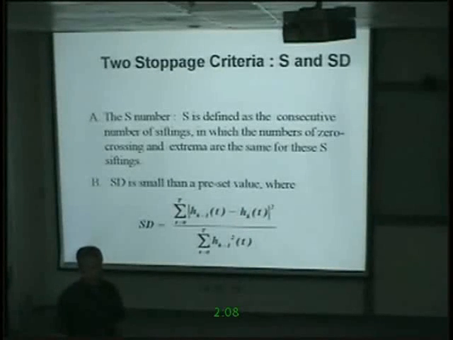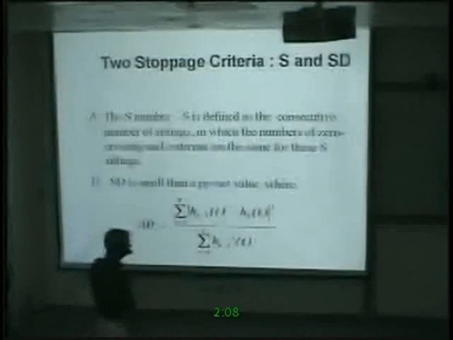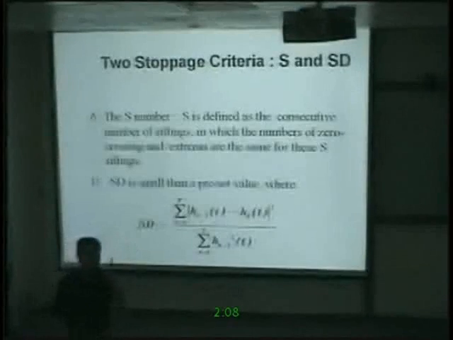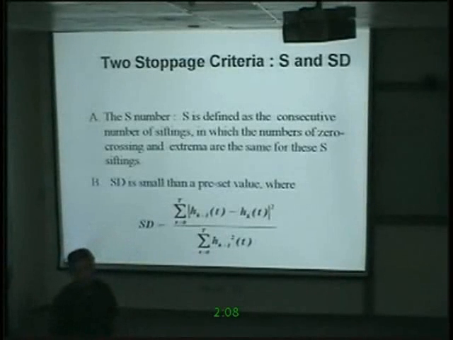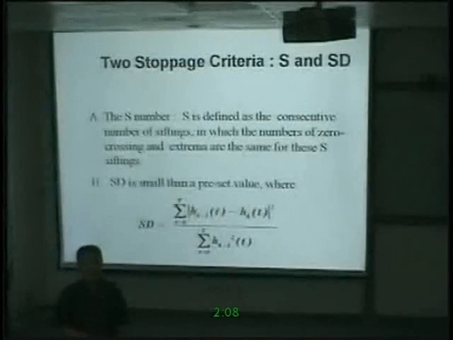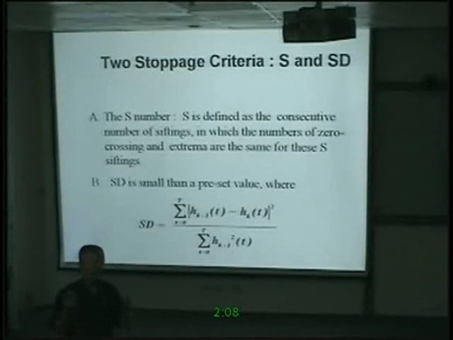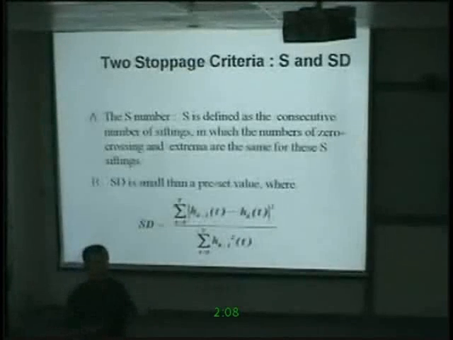So when I did this at the beginning of the development, I insisted on the fact that the component that comes out has to be an IMF. How can I guarantee that? I give IMF a definition. The definition is that the extrema and the zero crossing number have to be equal.